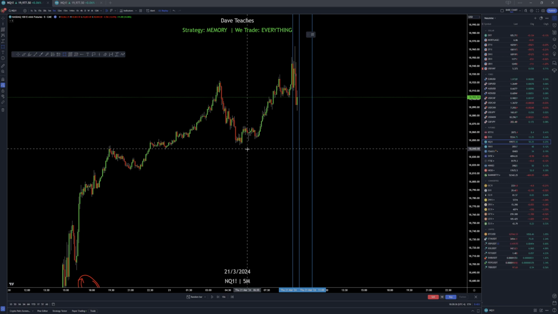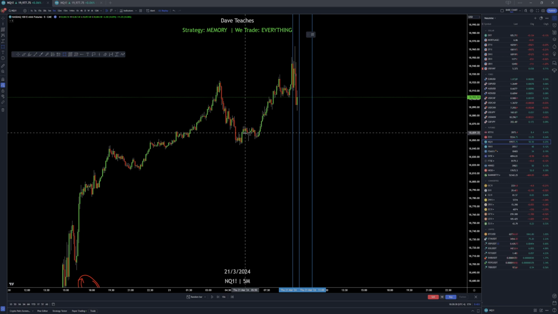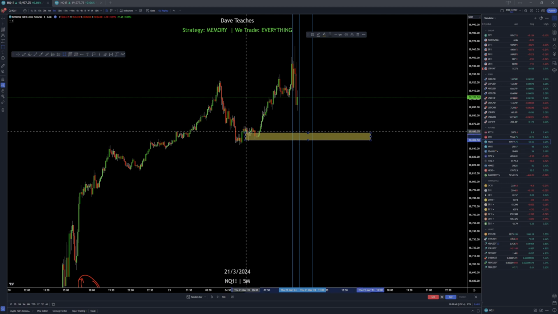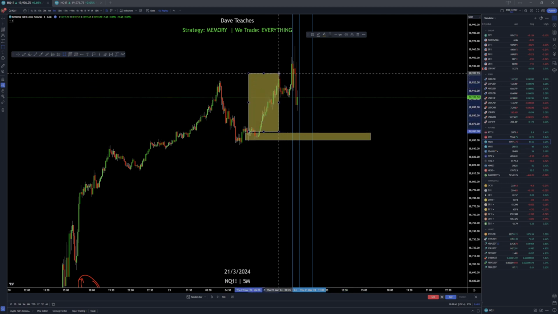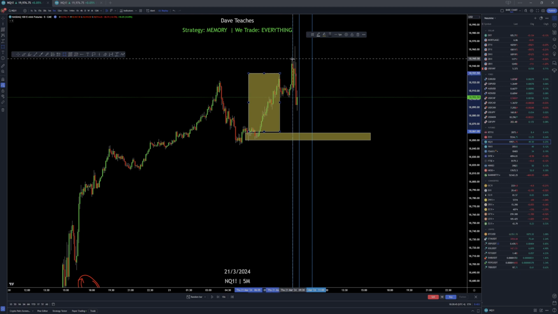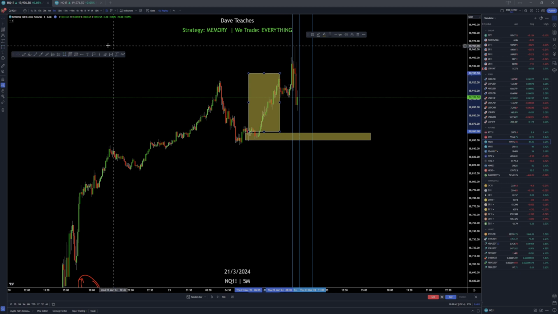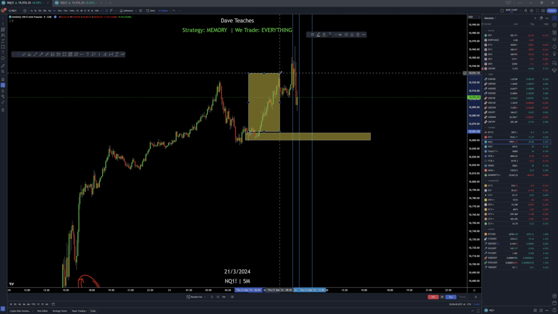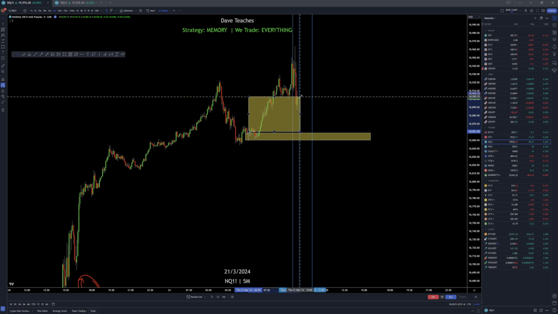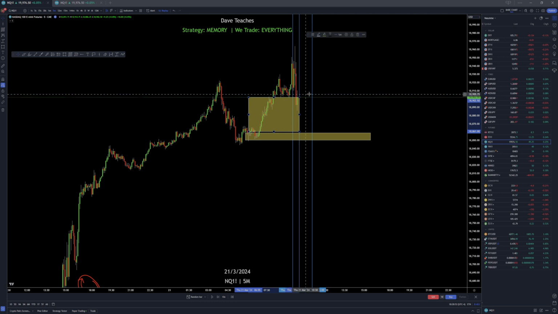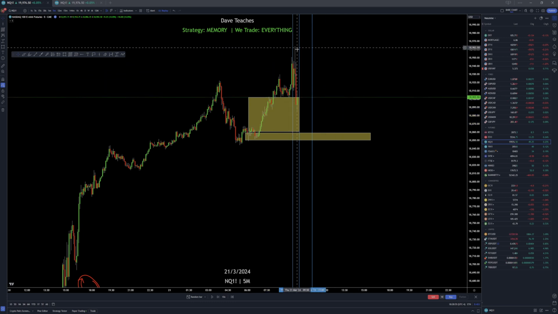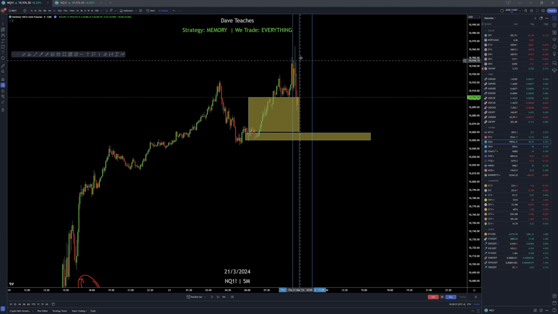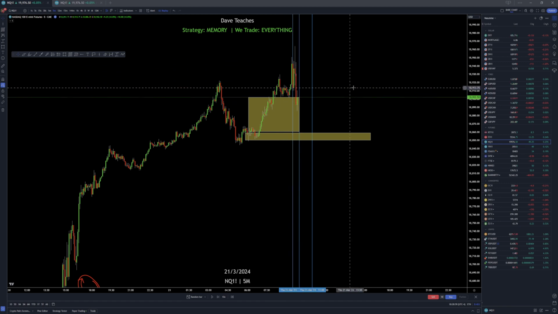So if this is a 4-hour candle and this is the 4-hour body here, right? What is the job of 9 o'clock, 9:30? The job of 9 o'clock, 9:30 is to leave this wick in that 4-hour candle.